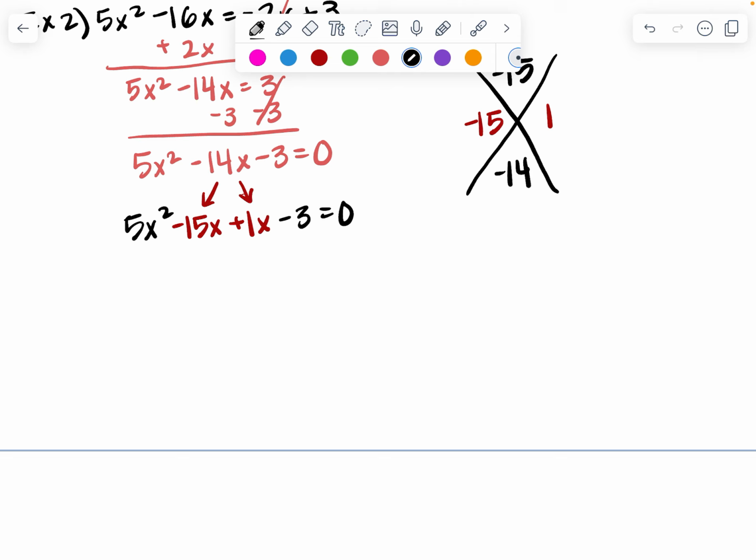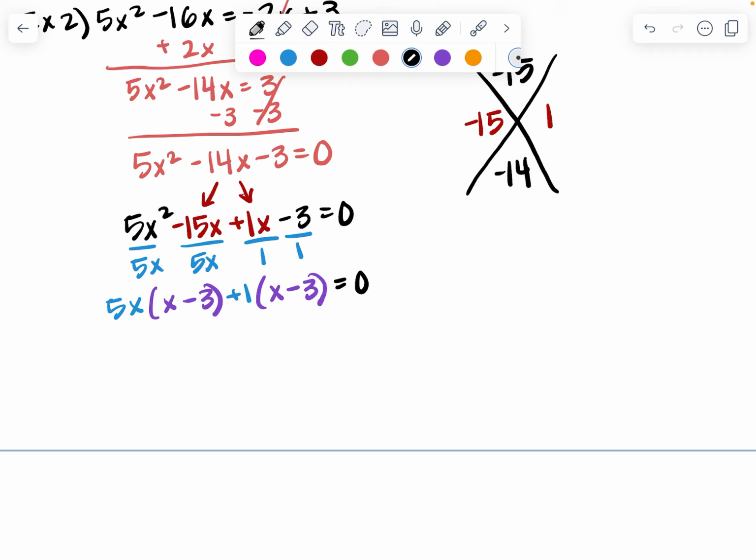Now we factor by grouping. Again, I'm not going through this in detail because we did this in the previous lesson.